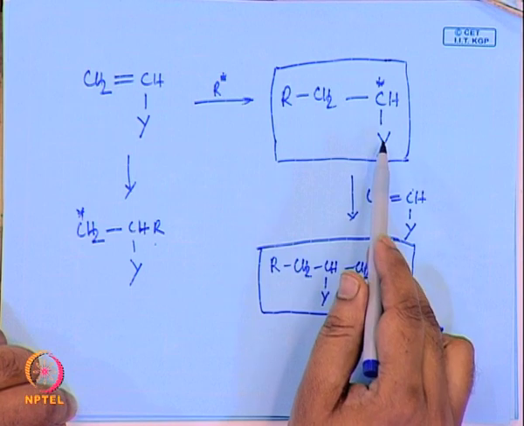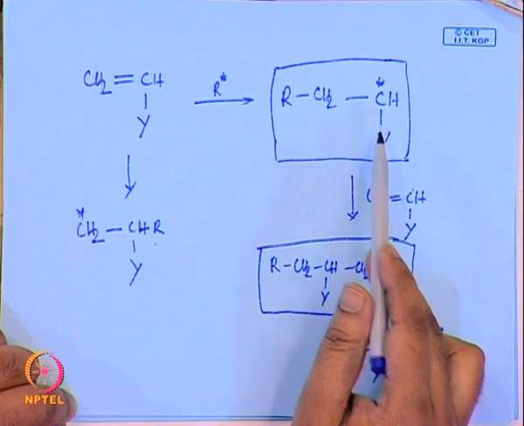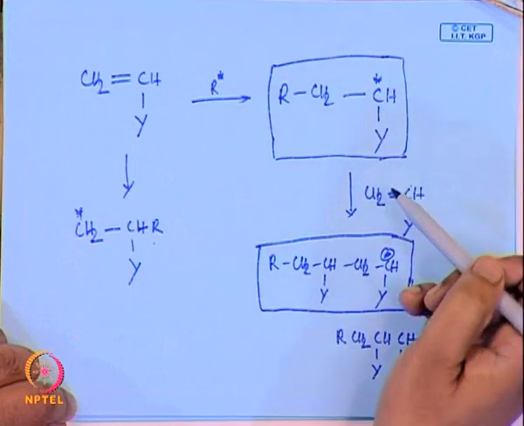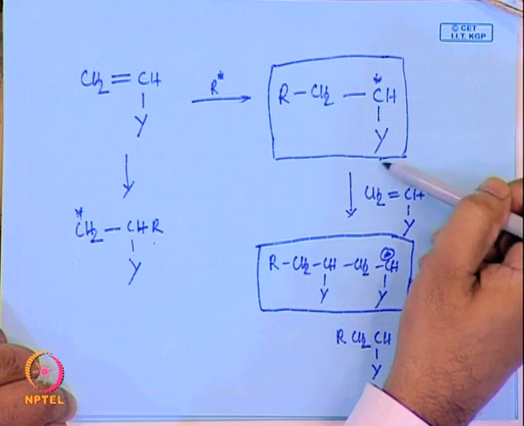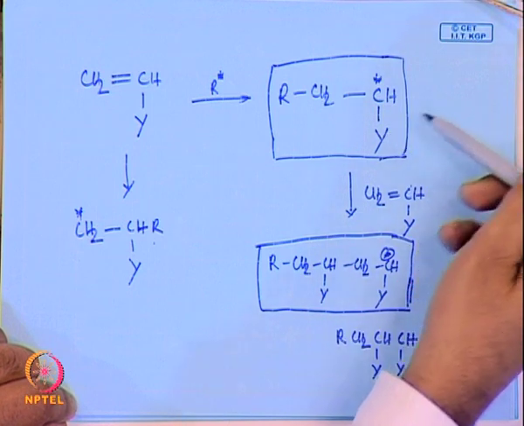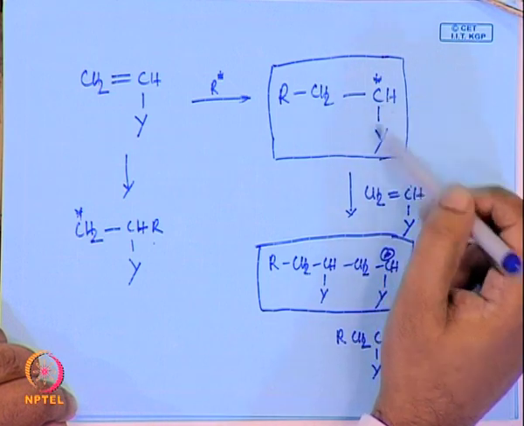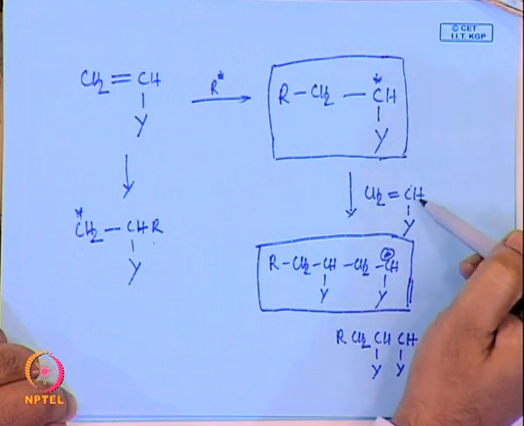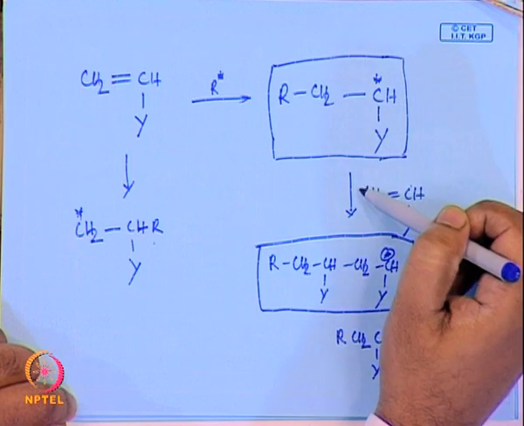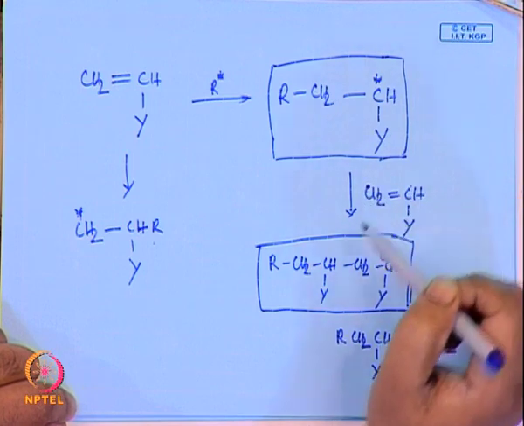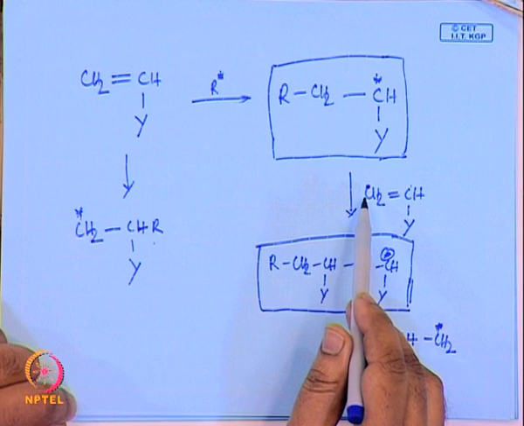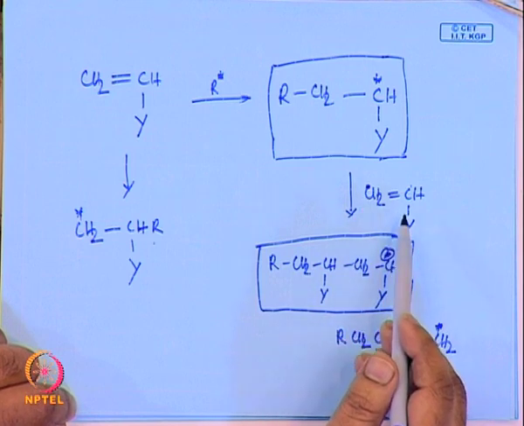And here there is an additional factor: if the approach is from this side, it will be even sterically hindered. So the approach from this carbon is preferred both electronically and sterically.